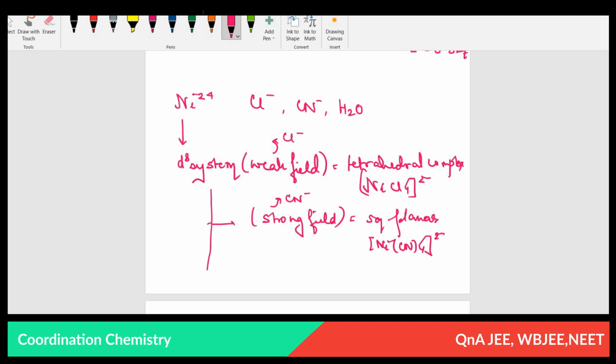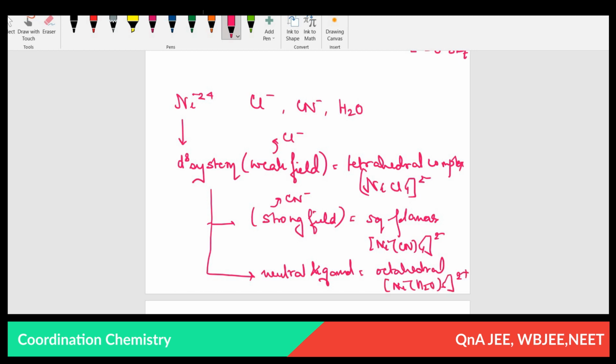And when you have a neutral ligand, supposing water or ammonia, it tends to give an octahedral complex with the formula Ni(H2O)6 2 plus.